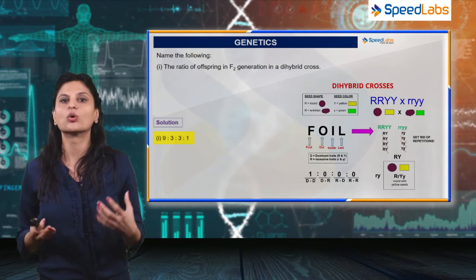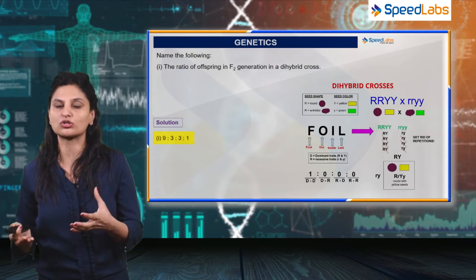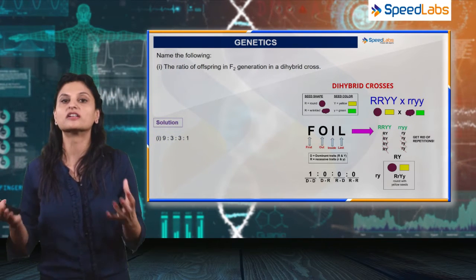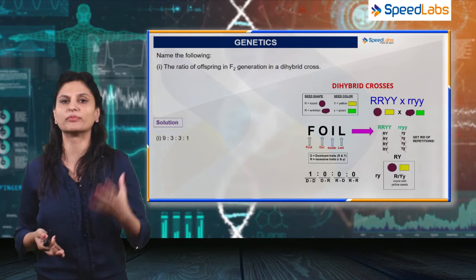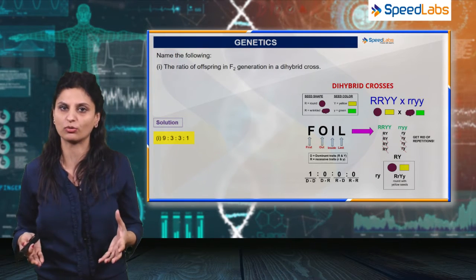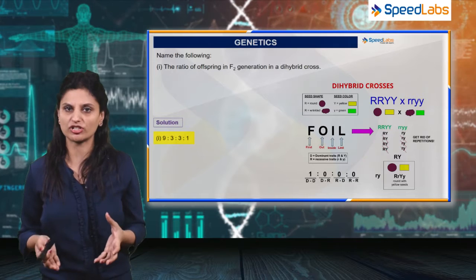For example, when round yellow seeds are crossed with wrinkled green seeds, the resulting progeny in case of Mendel's experiment were all round yellow. This was the F1 generation.